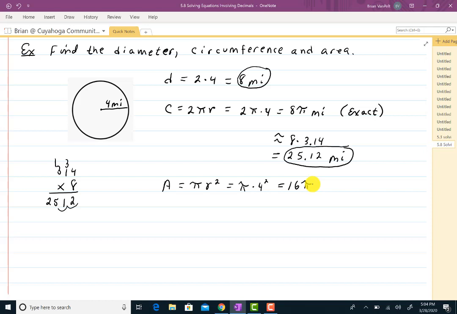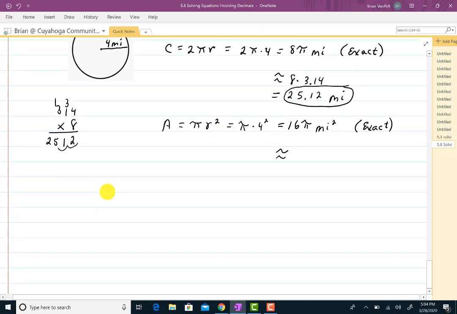So what I need to attach here is miles squared at the end of that. And that, of course, is my exact answer. If I want an approximation, so I'll do my squiggle lines for an approximation, I'll do 16 times 3.14.